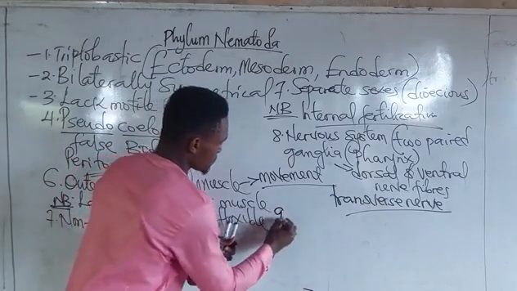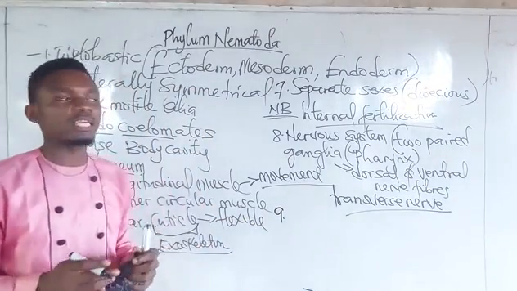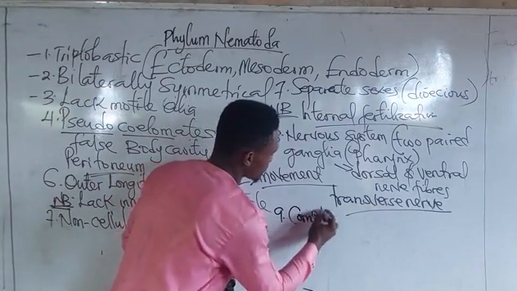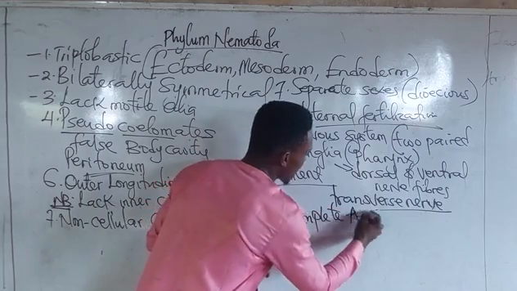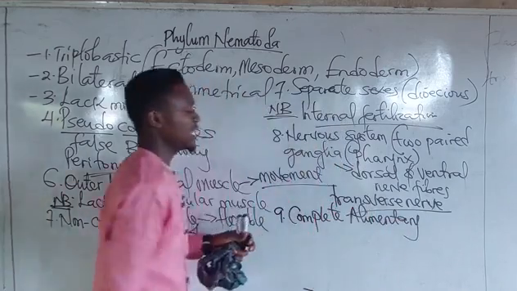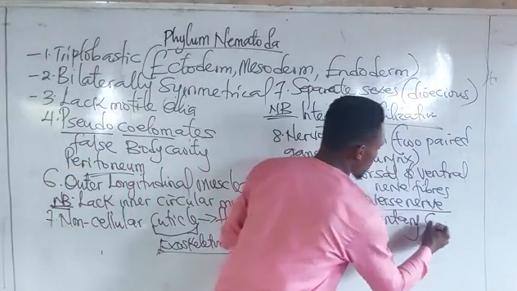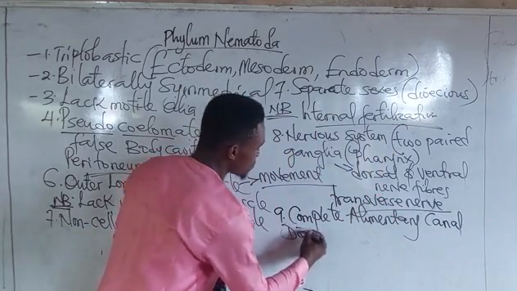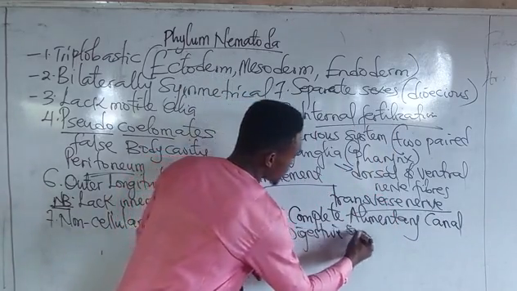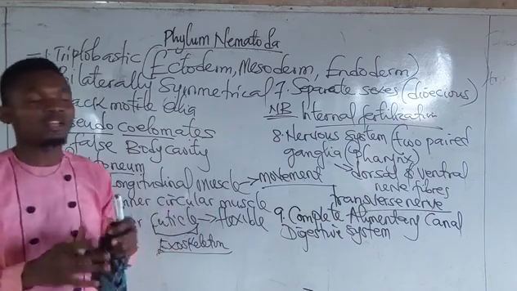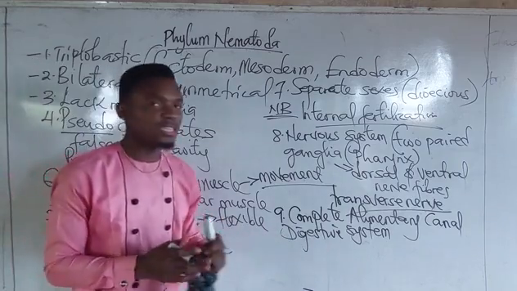All right, so let me put it here. I believe it can fit into this place. They have a complete alimentary canal. If I don't call it alimentary canal, I'll call it the digestive system. They have a complete alimentary canal or complete what? Digestive system.